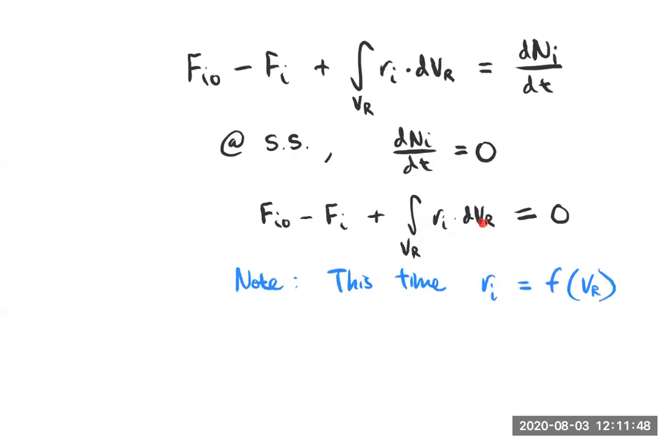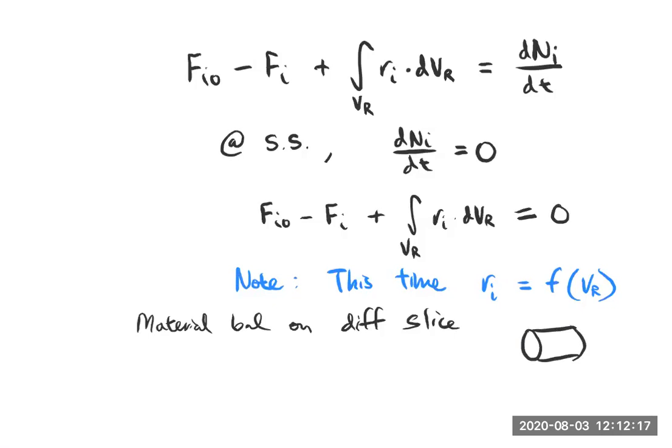And so we have a few different ways to treat this, and I'm just going to show you what I think the book calls the easy way. Let's do essentially a material or mole balance on a differential slice like I drew before. Well, let me actually make its dimensions seem more like what we had before.